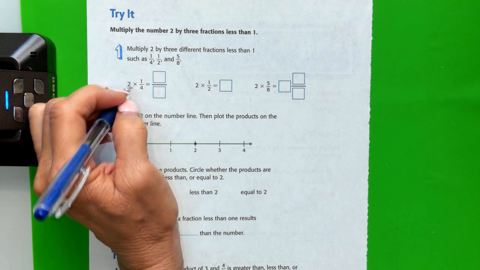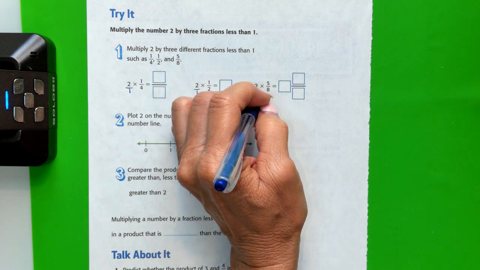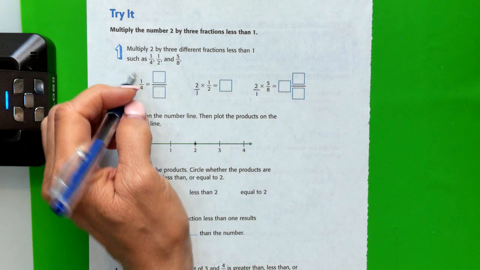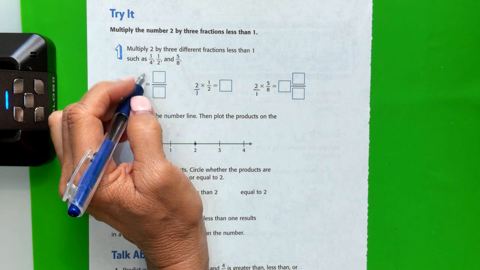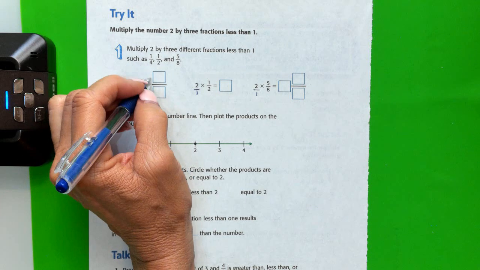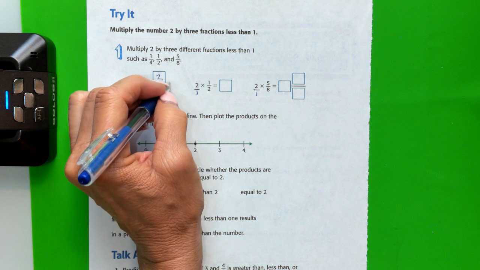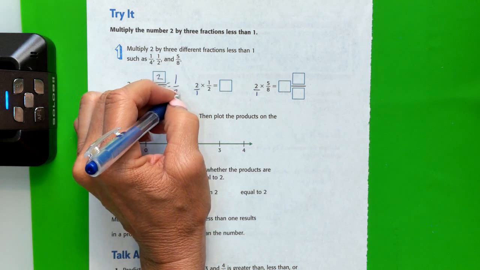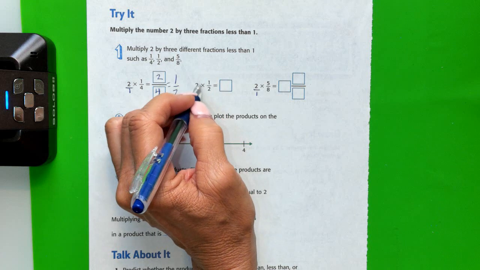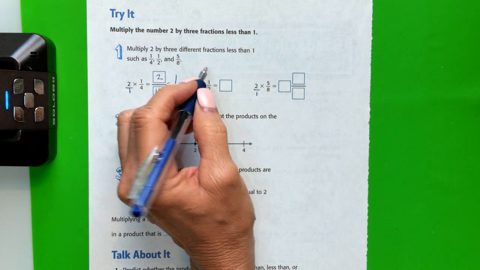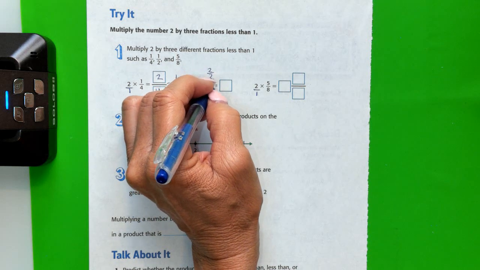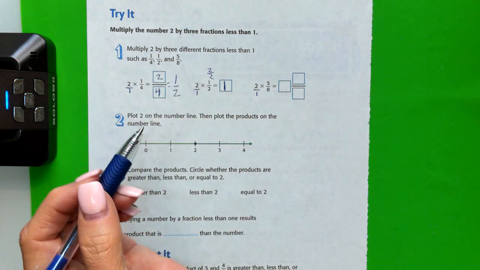So let's put our whole number all over 1. So 2 times 1 is 2. 4 times 1 is 4, but we clearly have to make that 1/2. 2 times 1 is 2. 2 times 1 is 2. So 2 over 2 is the same as 1, right?